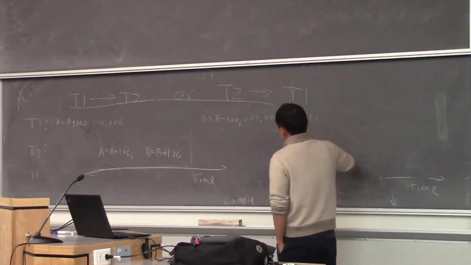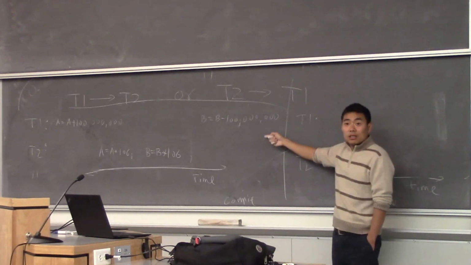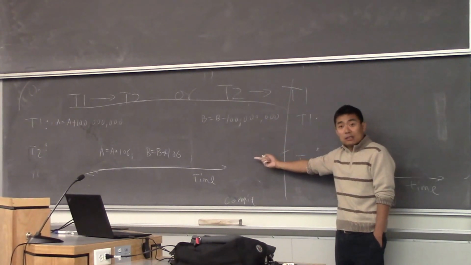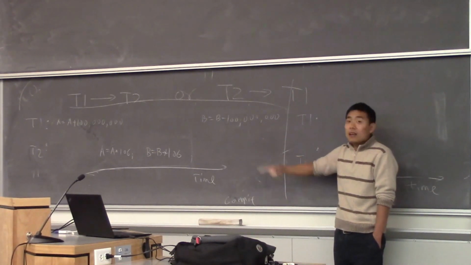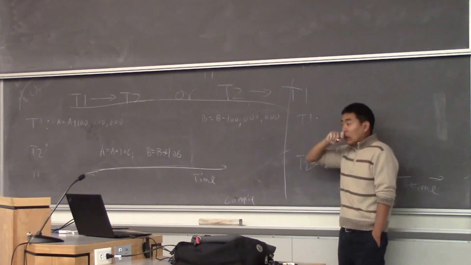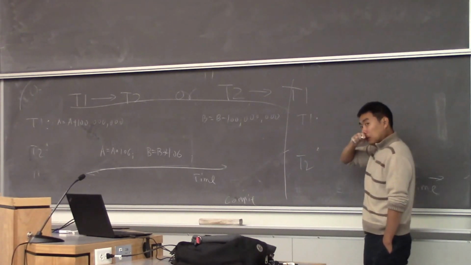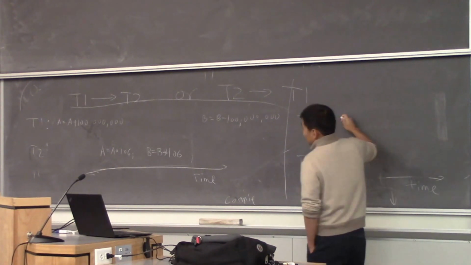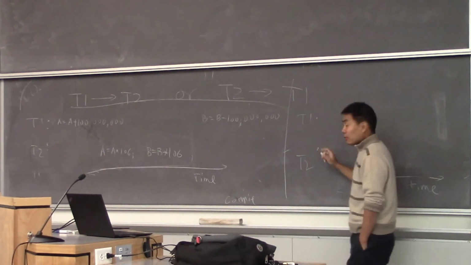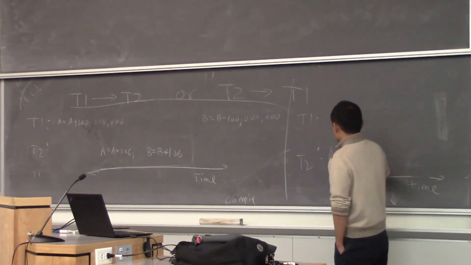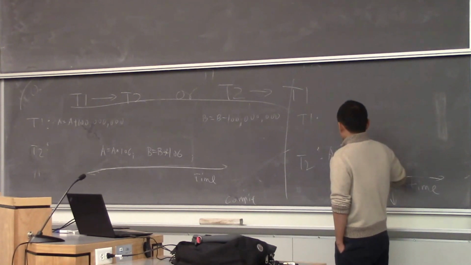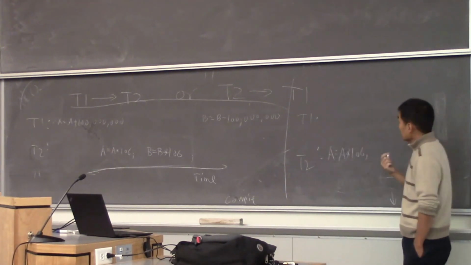Now, if it's bad to do this, what will the bank do? The bank, of course, will not do this because somebody needs to pay that 6%. Right? The bank is not going to do this. And what are you going to do? Well, the bank will do the following. Do this first.